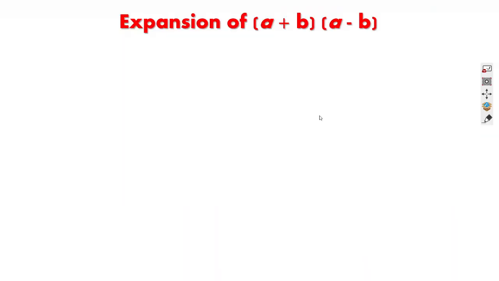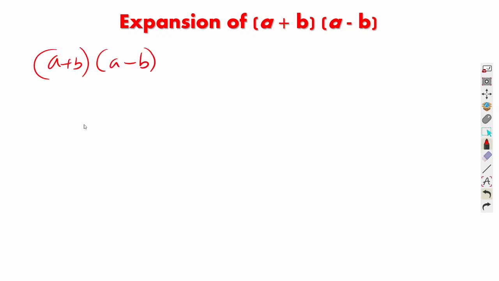Now think about expansion of the given algebraic expression (a plus b) into (a minus b). How can we imagine it? We know that with a we should multiply (a minus b), with b we should multiply (a minus b).